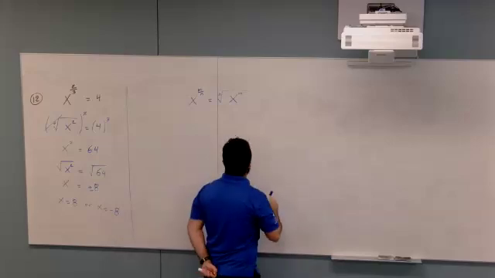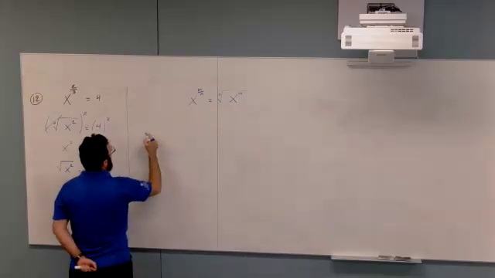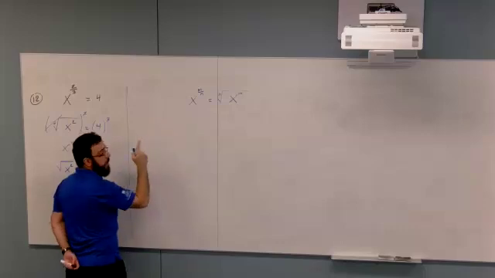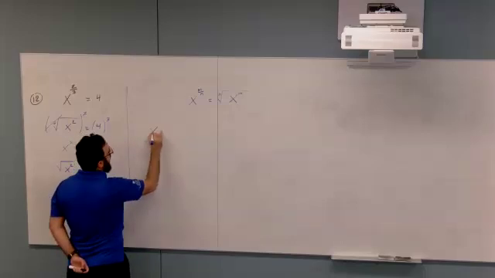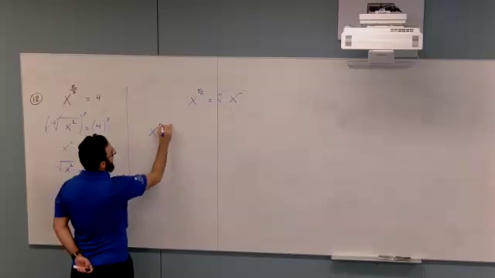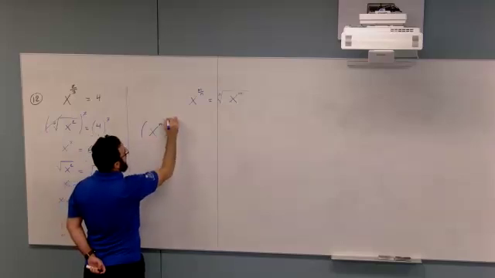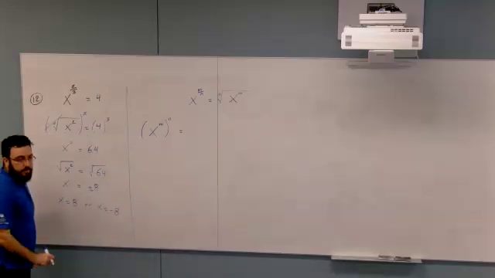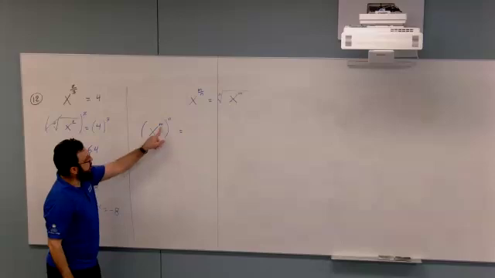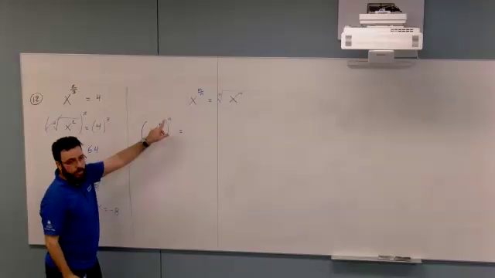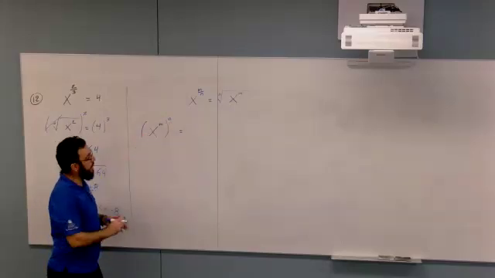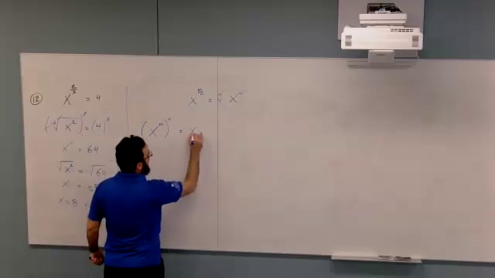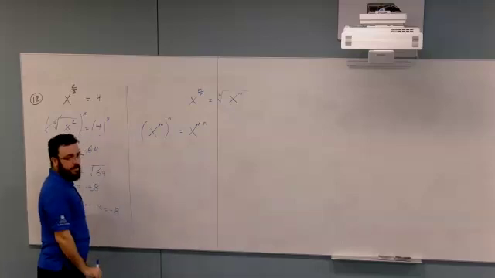The rule says, if you have x to the power m, and everything raised to the power n, you have a variable with exponent m, and the whole thing is raised to the exponent n, you can say x to the m times n.